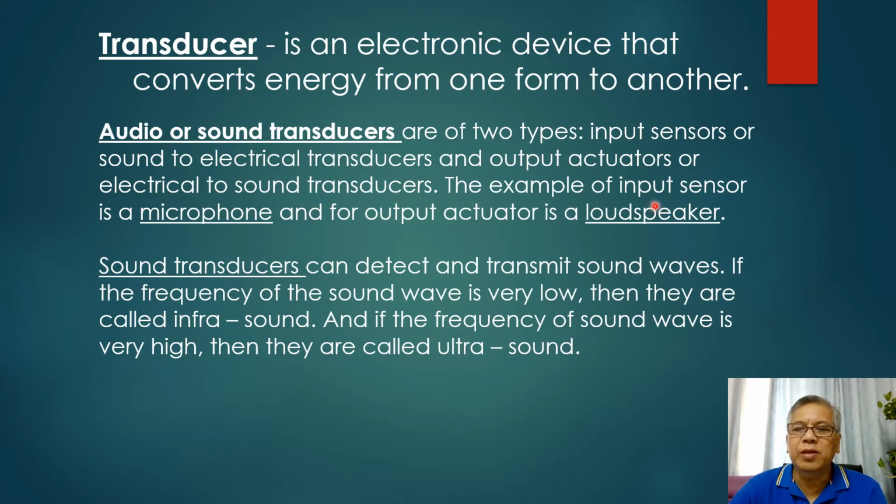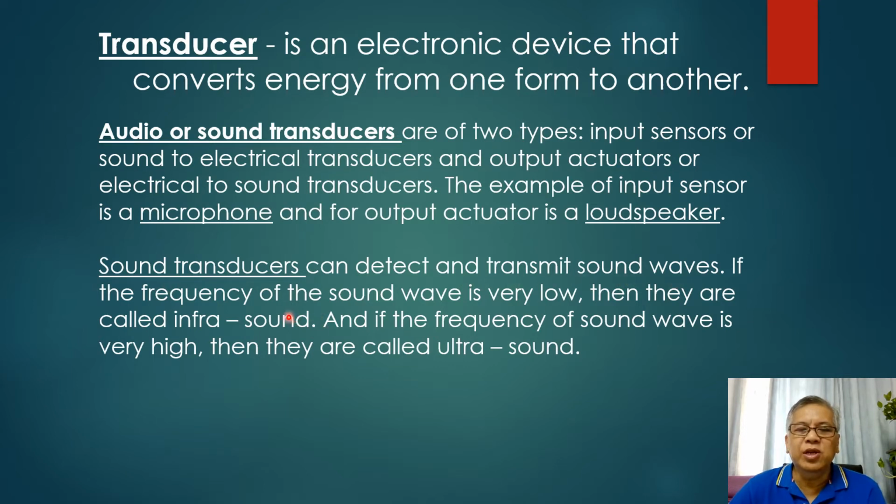The example of input sensor is a microphone. So that's a transducer which converts sound into electrical. And for output actuator, an example of which is your loudspeaker, which converts an electrical signal into a sound or an audio. Now, sound transducers can detect and transmit sound waves.